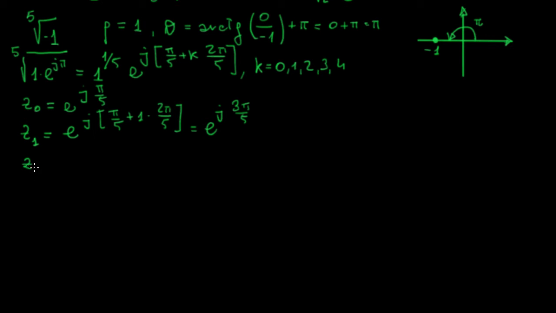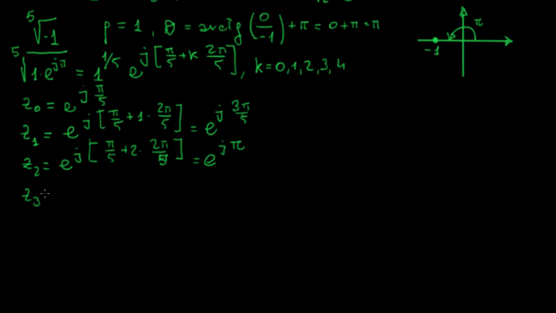Z sub 2 is going to be e raised to j, pi over 5 plus 2 times 2 pi over 5, which is 5 pi over 5, so here I got exactly j pi.